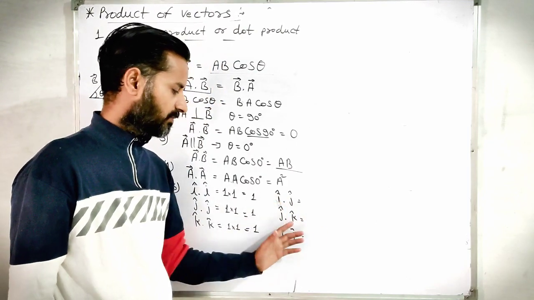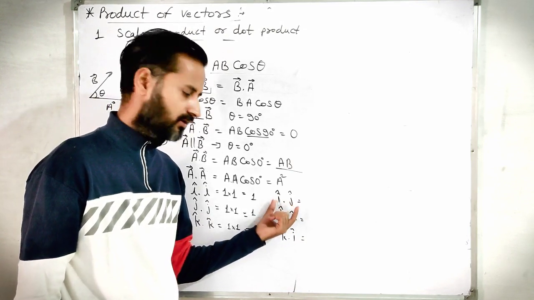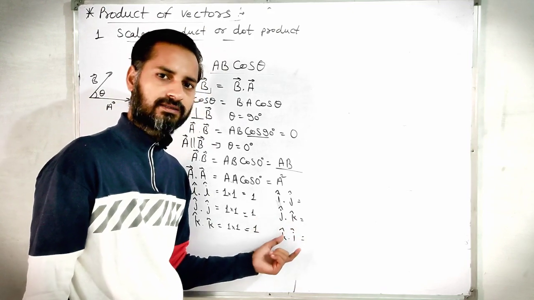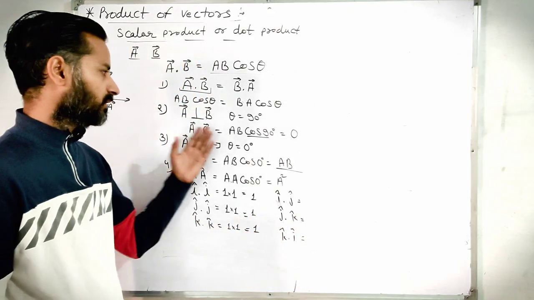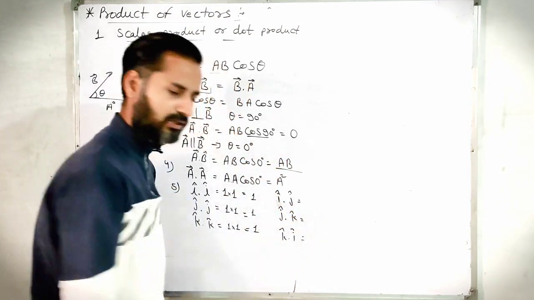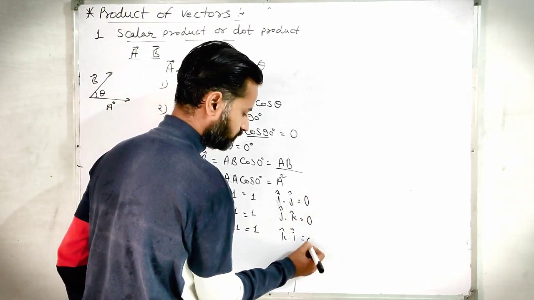All are mutually perpendicular, so between i and j the angle is 90 degrees, between j and k the angle is 90 degrees, between k and i the angle is 90 degrees. So by the property of cos 90, we get the value of 0. So i dot j equal j dot k equal k dot i equal 0.